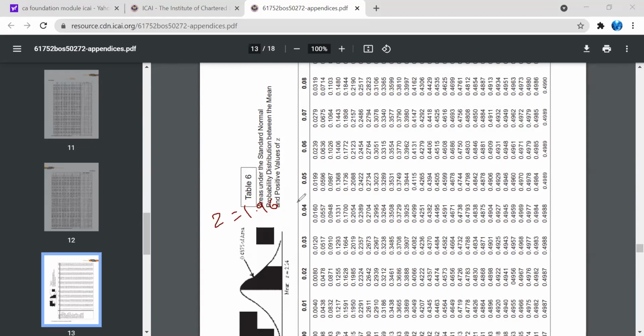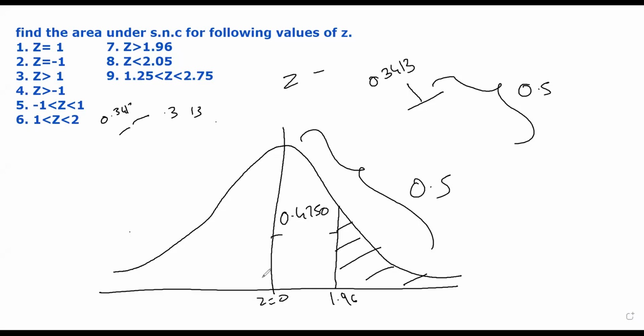So this area is 0.4750. So how to find the area greater than 1.96? 0.5 minus 0.4750. That is 0.025. This is your area greater than 1.96.